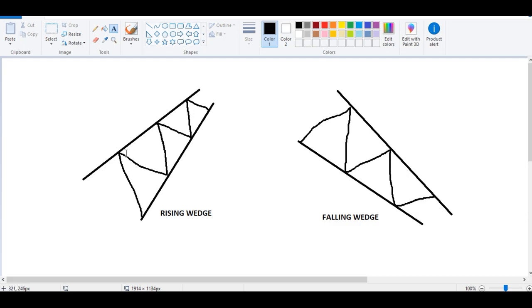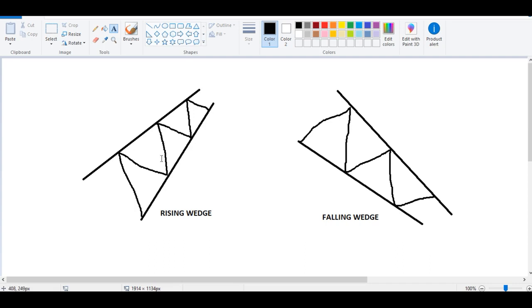When you see price moving in this type of formation, which somewhat looks like a channel, right? But the ends of the channel are closing in like a triangle. So this is a mixture of a triangle and a channel, where the ends are narrowing in, and it's sloping upwards.